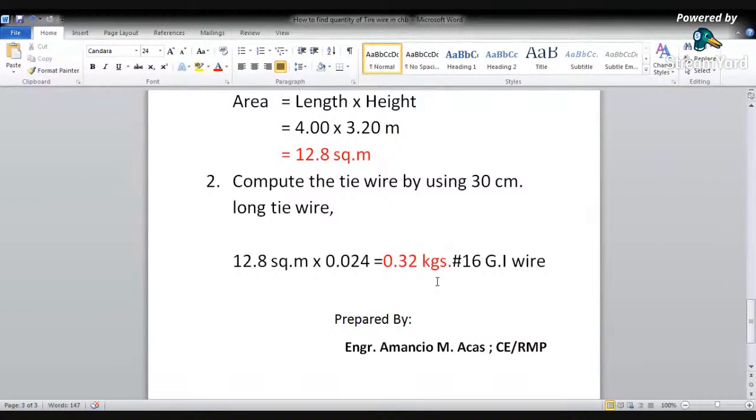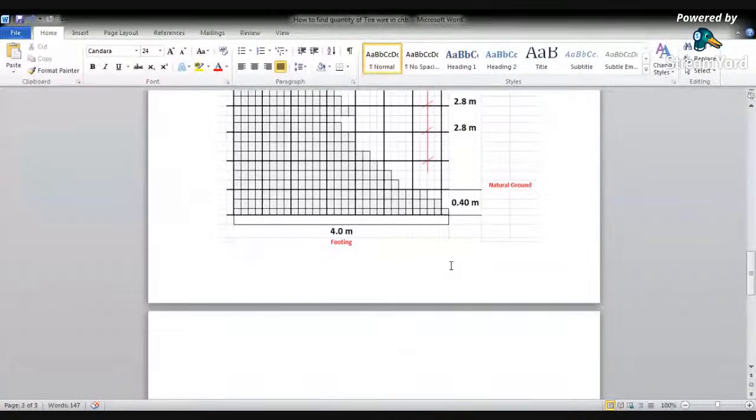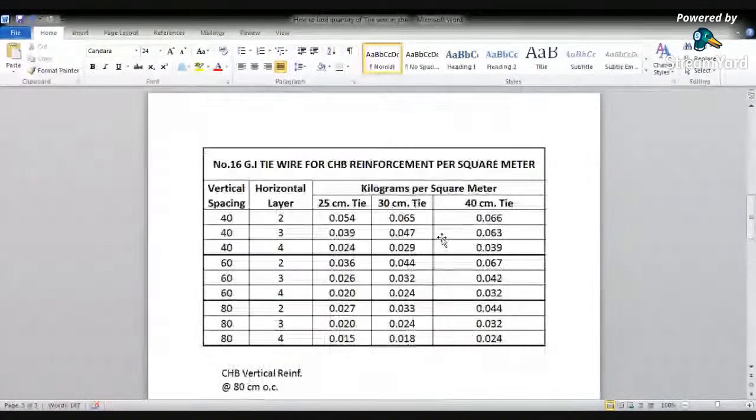Okay, so this is the computation of tie wire for concrete hollow blocks. So take note of this table because this is very useful.